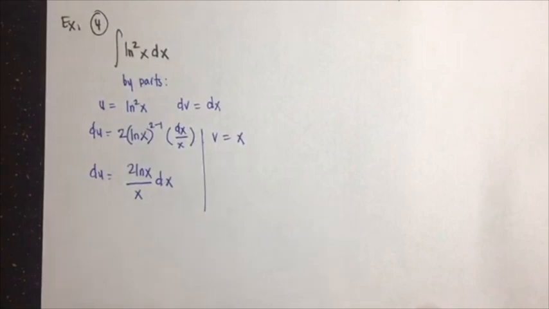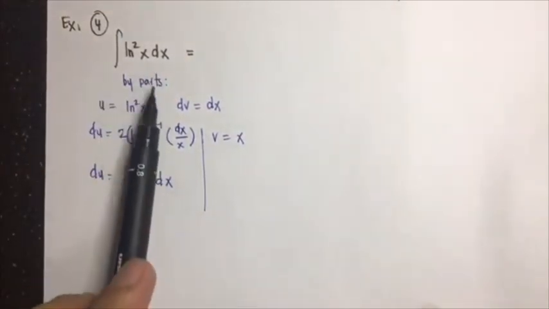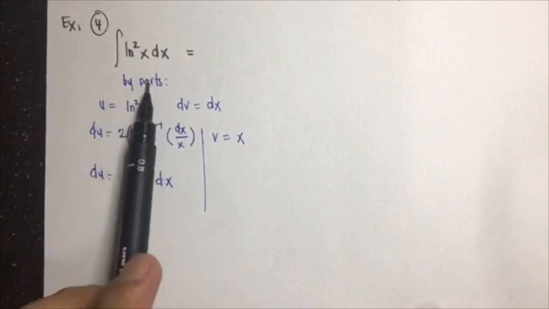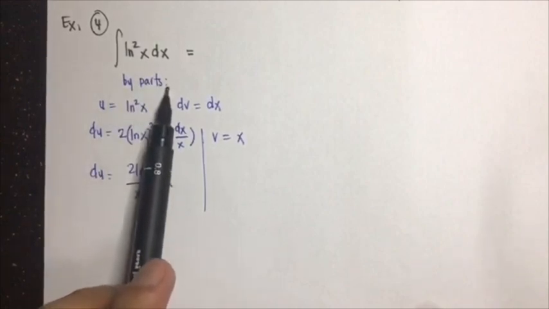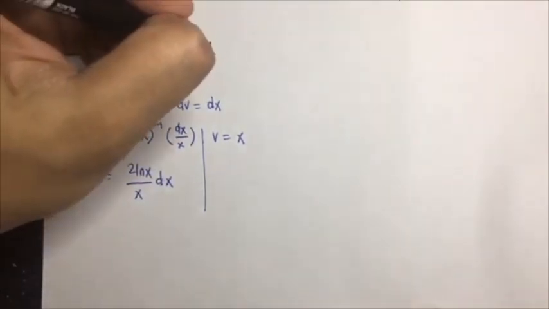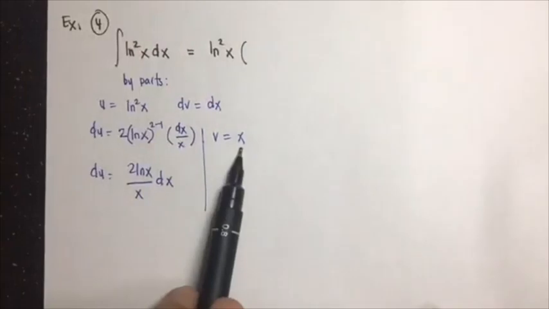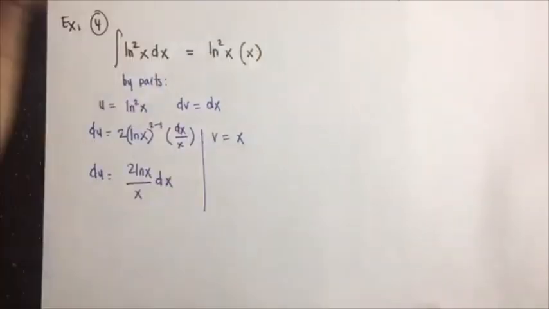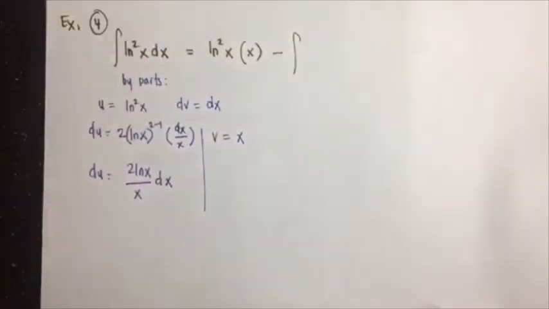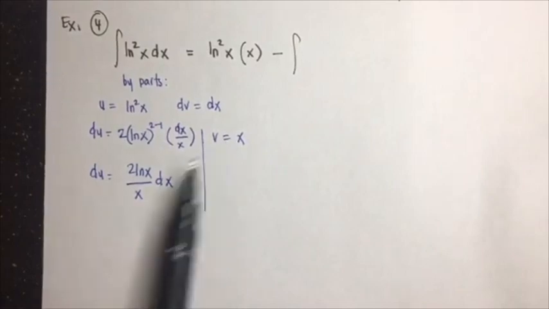Okay, so using the formula for integration by parts, the integral of u dv is equal to uv minus the integral of v du. So our u is ln squared of x times v, we have x, minus the integral of v du.